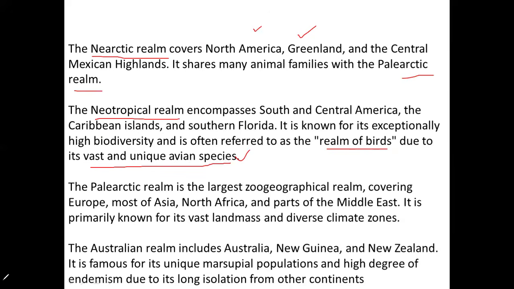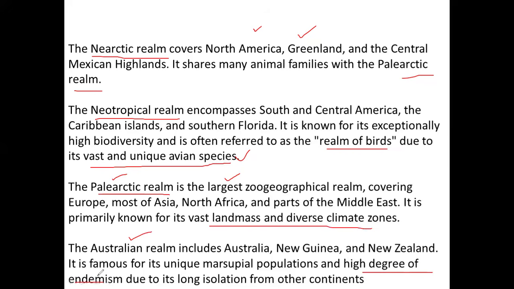Next is the Palearctic region, the largest geographical realm, known for its land masses and diverse climatic zones. Next is the Australian realm, with a high degree of endemism due to its long isolation from other continents.